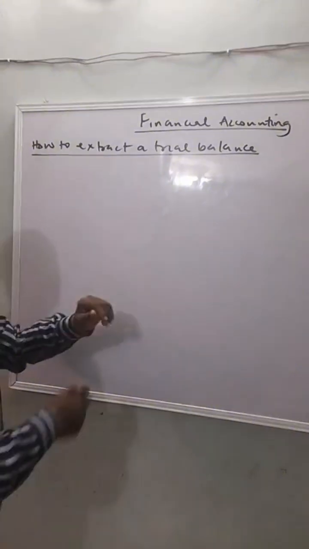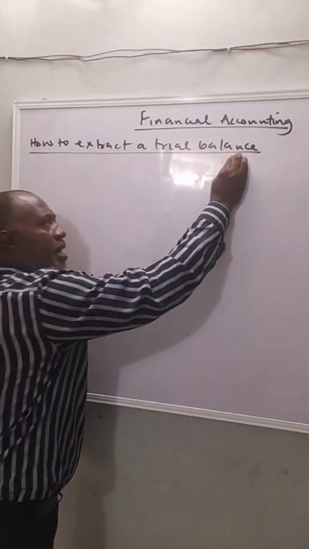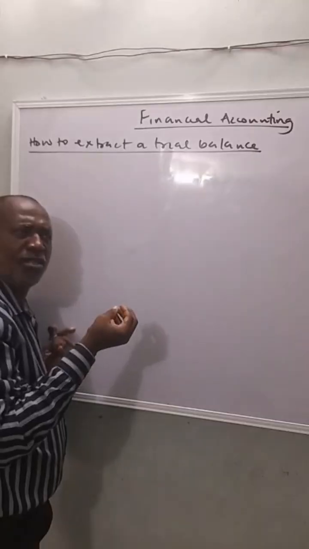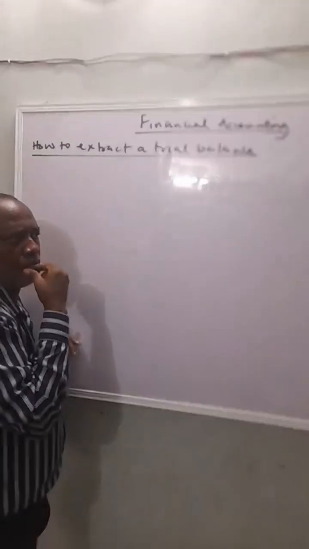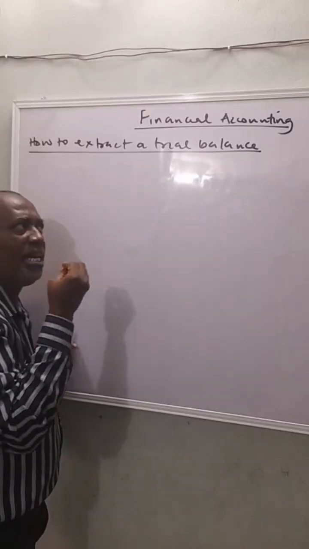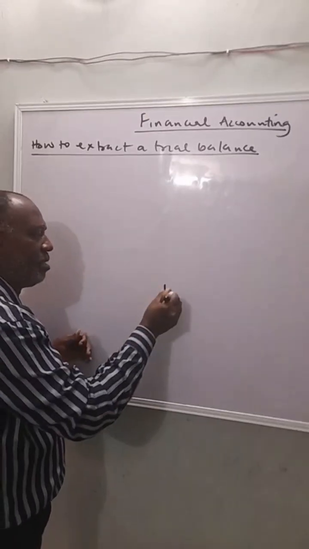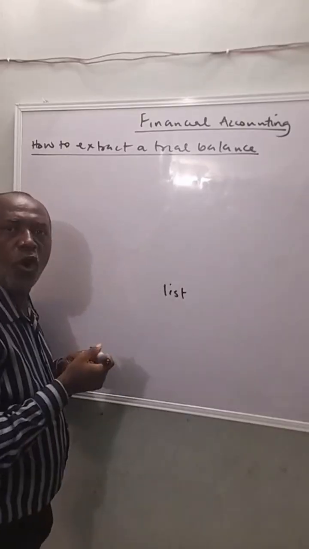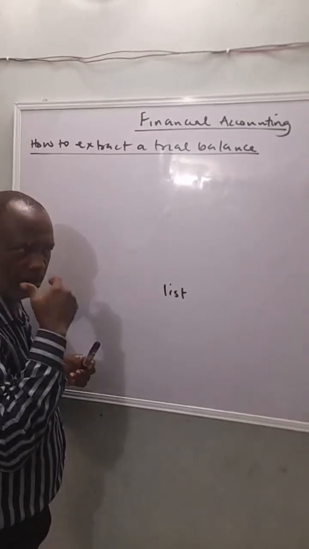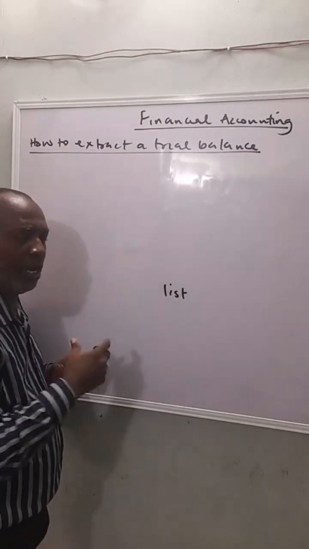Without wasting much of our time, when we say trial balance, it is not an account, but a list, L-I-S-T, a list of all ledger balances or extracts.